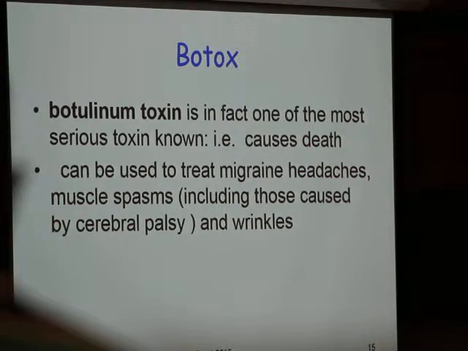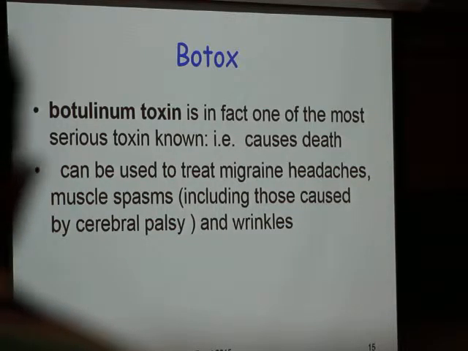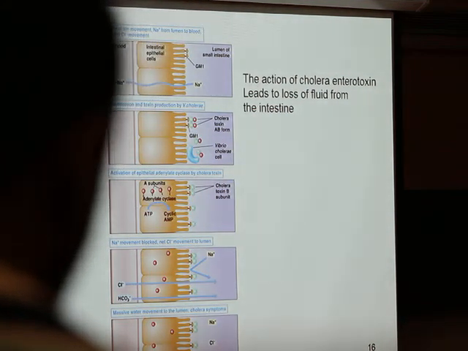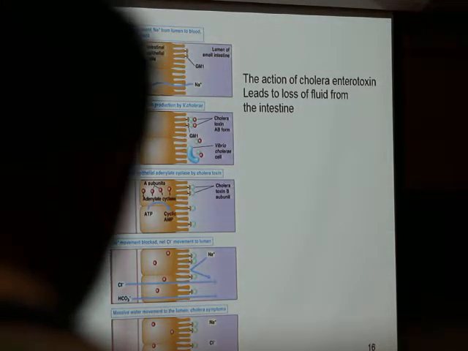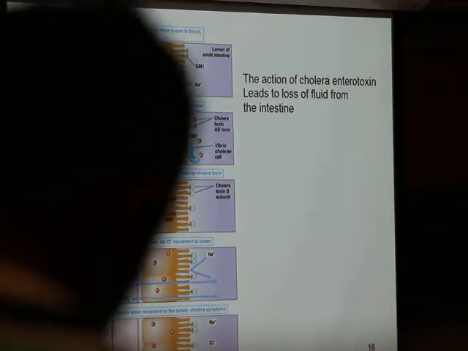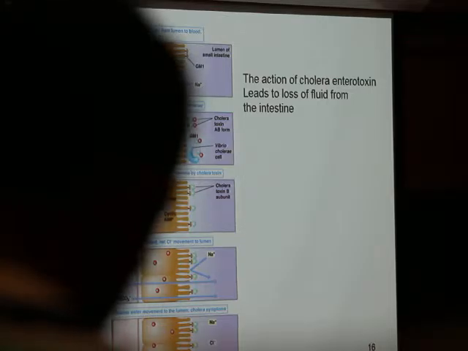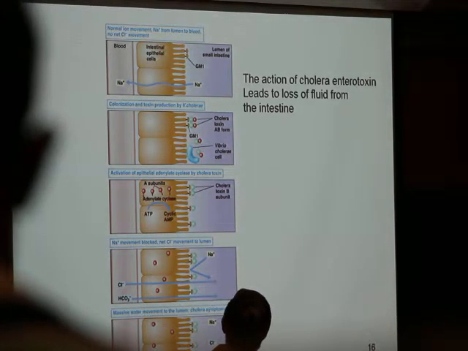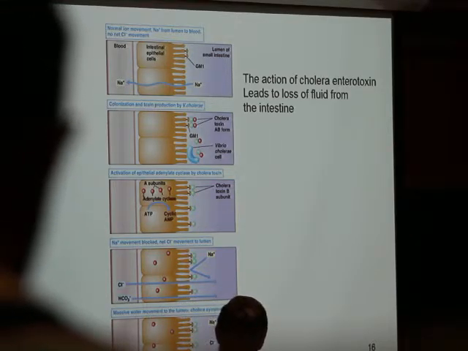Fortunately it's short term, and the toxin will wear off. But those people who choose to have Botox need to go to people who are certified to properly deliver it, because there are many people doing Botox who are not certified, and you need to know where they're getting the Botox from, because they could be getting impure forms of it.